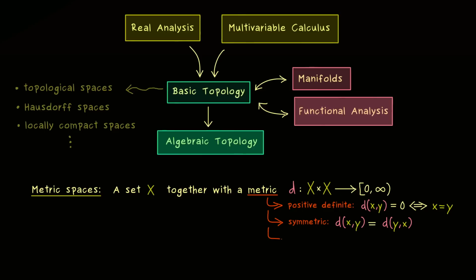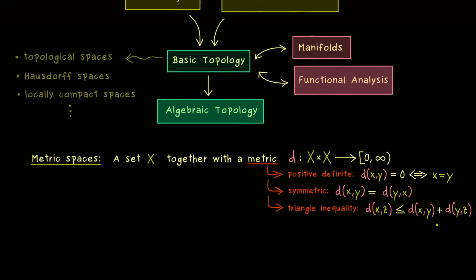And finally, we also want to have the triangle inequality, which means if we measure over a detour, the distance only gets larger. So in the formula, this means if we have x to z, then this one cannot be bigger if we add up the distance x to y and y to z. So we just put y in the middle, and there you can see it's good that we work with real numbers because we have an inequality and we have the addition in it.